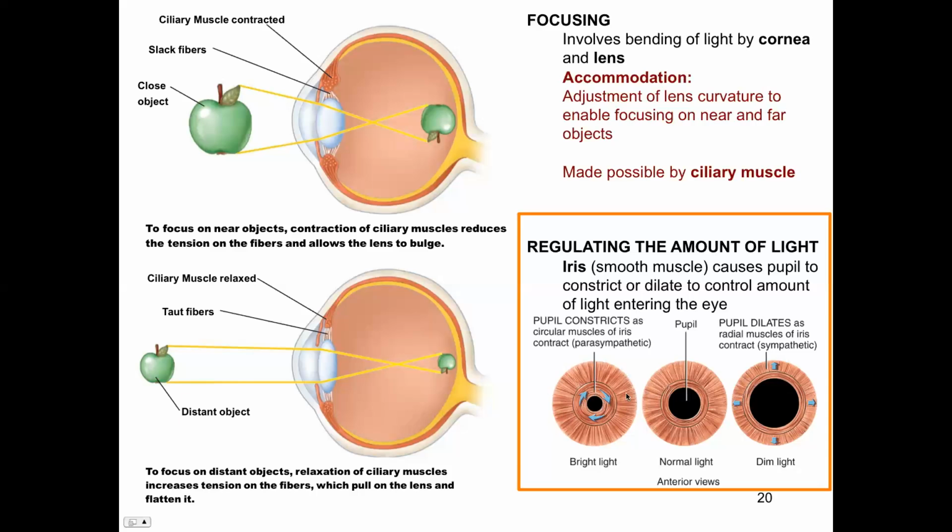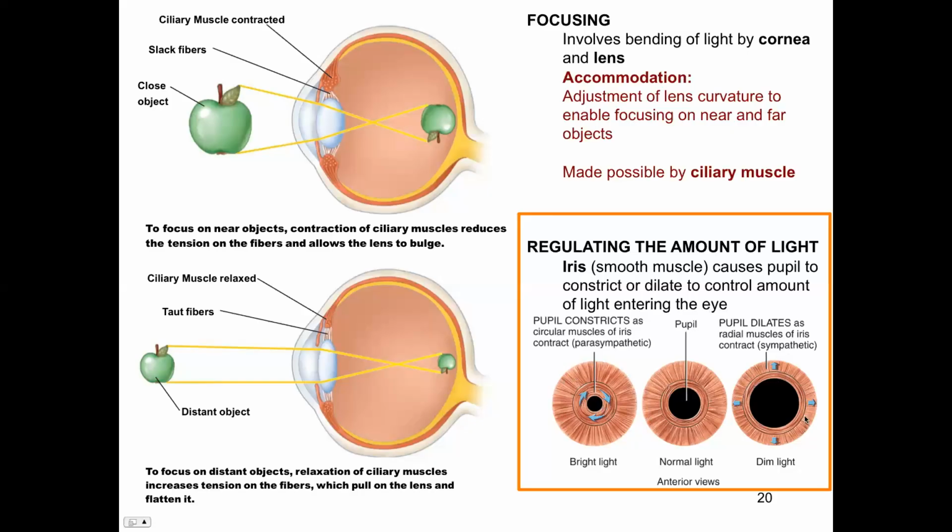These will contract differently depending on whether it's open or closed. So if the pupil is dilating, the radial muscles are going to contract. It's going to open up the pupil. So dilation means that the pupil is open. When the pupil constricts, the circular muscles are going to get tighter, and that will regulate the amount of light entering your eyes.